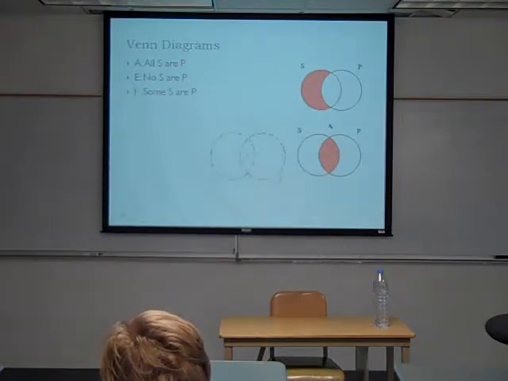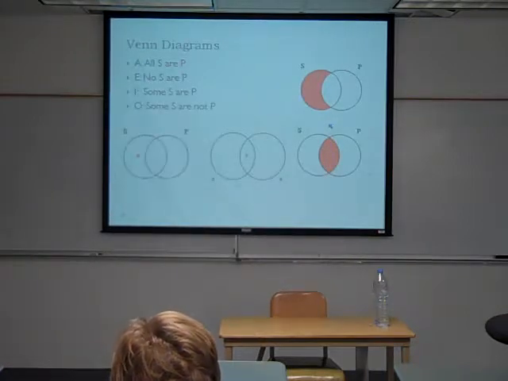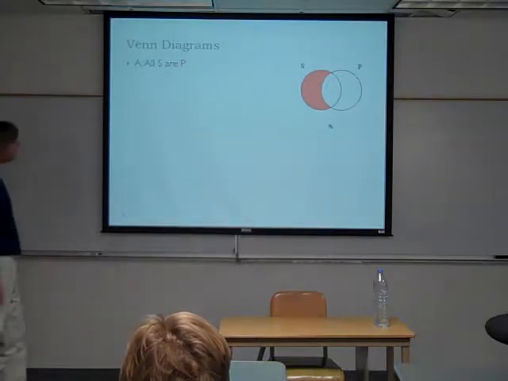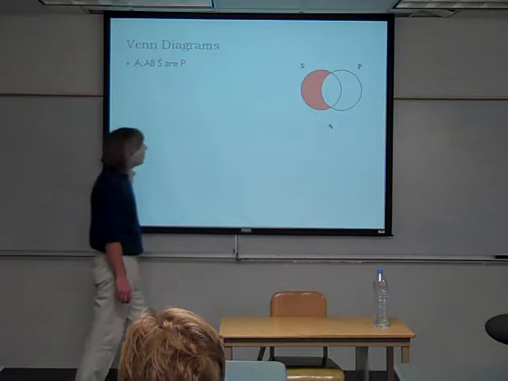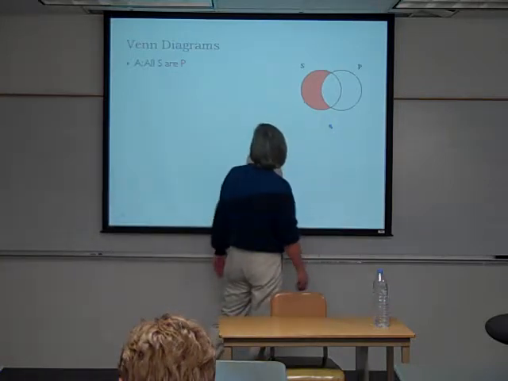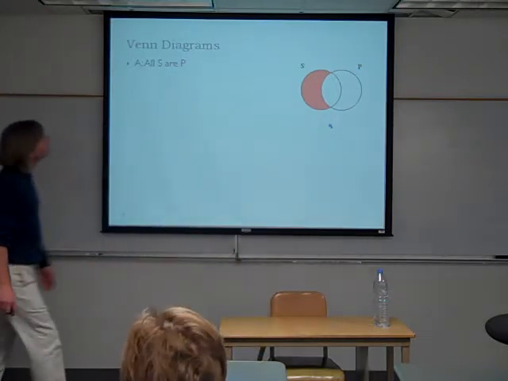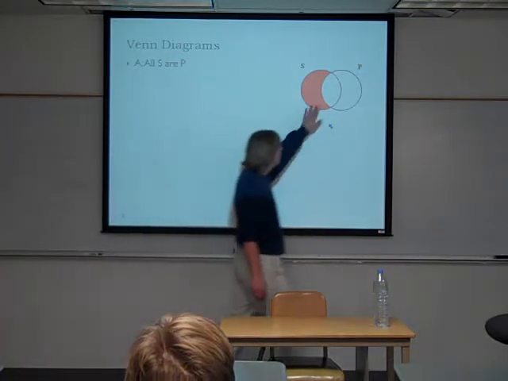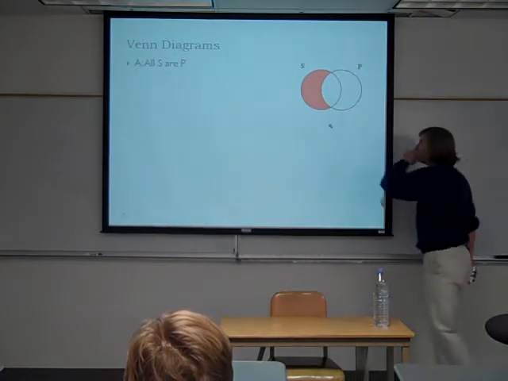This gives you an idea of what happens in each of these claims. In an A claim, when we say that all S are P, we're referring to the white section here.